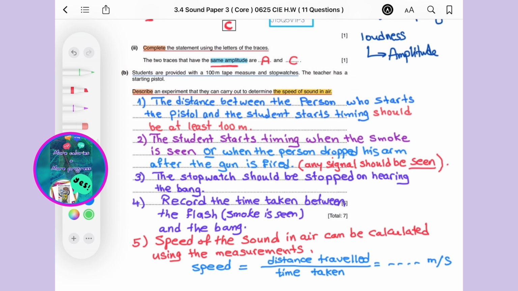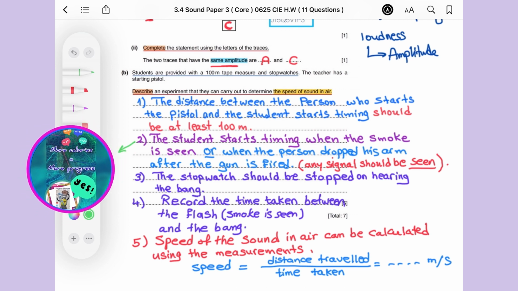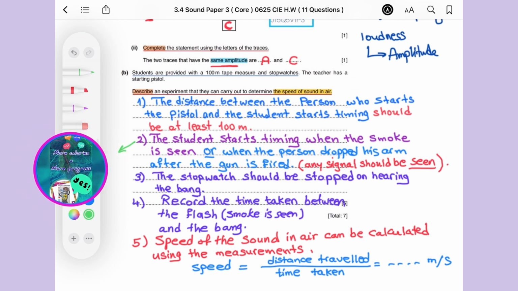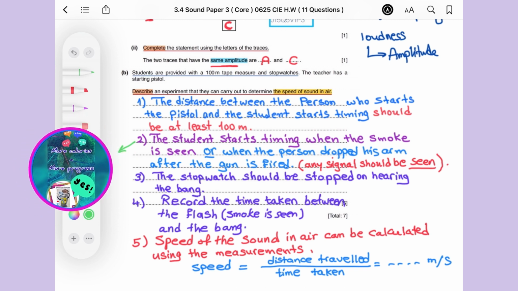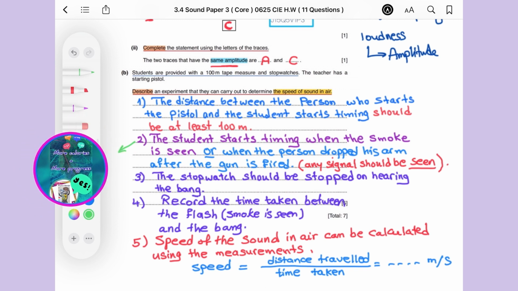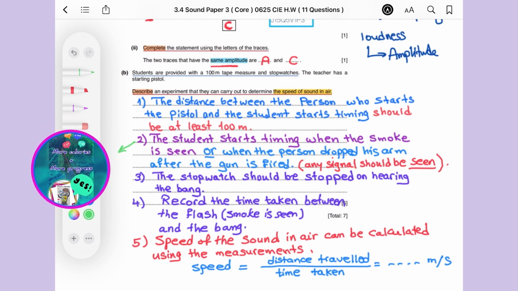Why? Because this point is very important: light travels faster than sound. So to overcome any delay in time, we use this trick: we start timing when we see smoke or a flash or any signal.